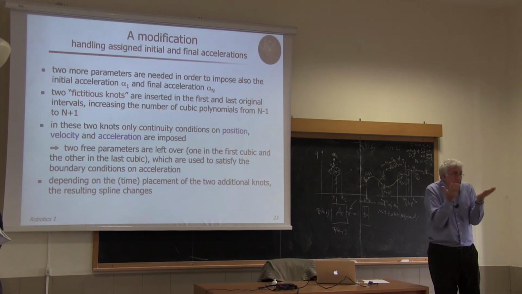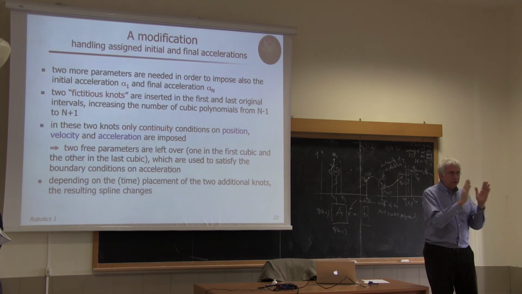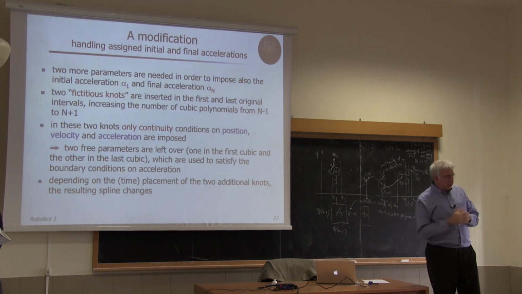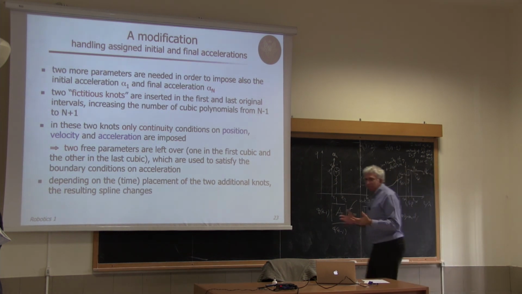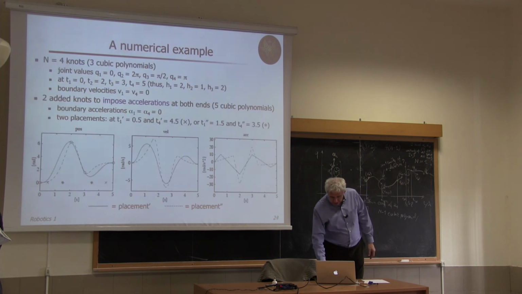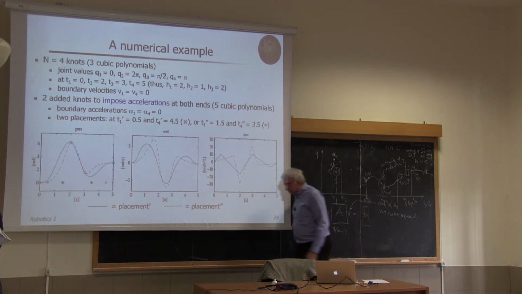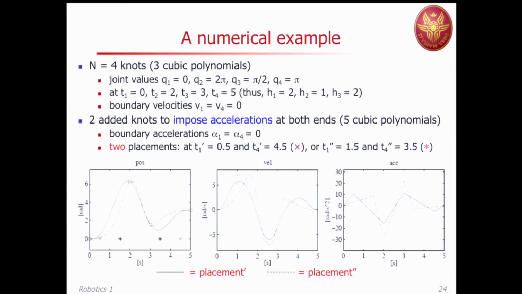If you change, because there's no specification on how you split the first and last interval, if you change the splitting, you will get a slightly different spline. Okay? It's a minor problem, because then the algorithm works as it is. You can find the details of this in the textbook, this variation. Here I'm just using the results from there.